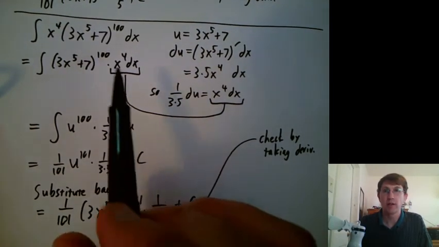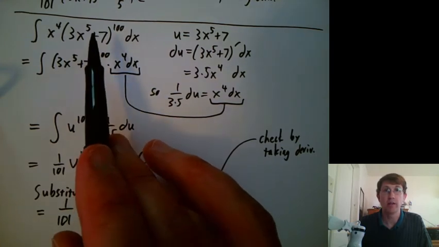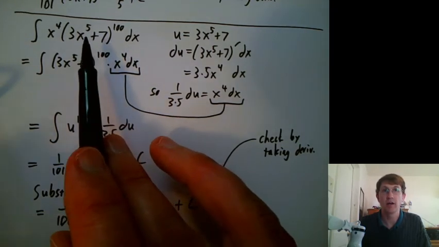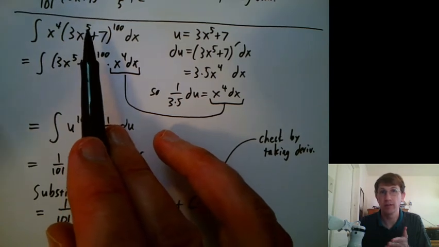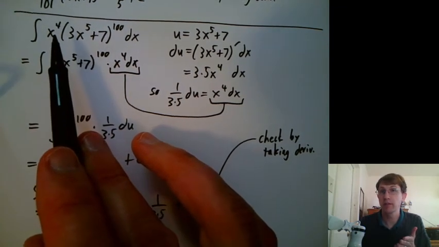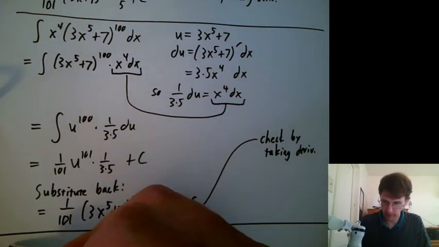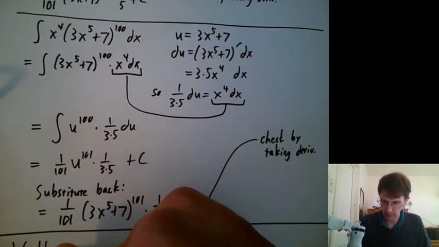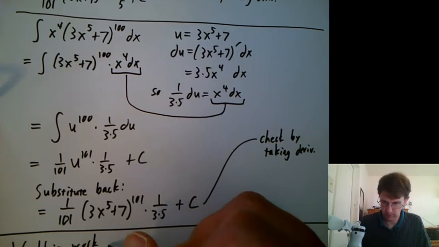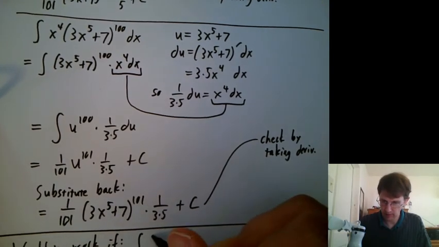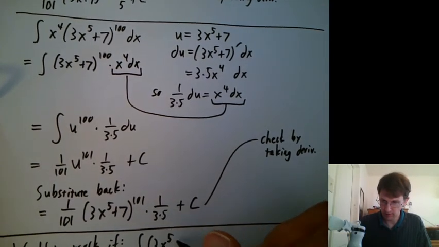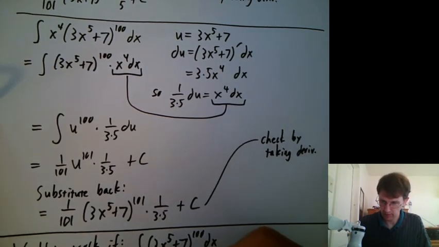So that seemed like an awfully nice coincidence, right? That the derivative of the inside function, the x to the fifth, essentially, just happened to be sitting there with an x to the fourth. Would it work if we didn't have an x to the fourth? So what if we had the integral of (3x to the fifth plus 7) to the 100 dx?